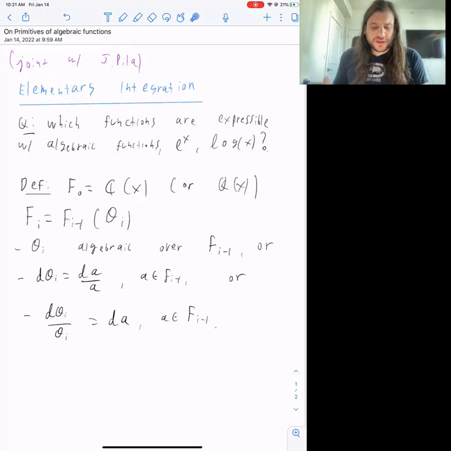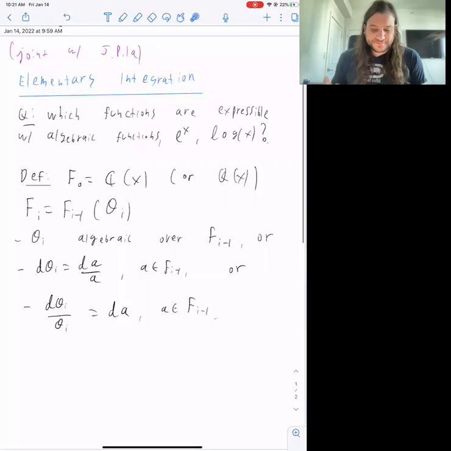So I'm only allowing logarithms and exponentials of functions we've already obtained. We're not really allowing here arbitrary primitives. Ah, I see. Sorry, I was confused. No worries, because there's a d on both sides, right? So if you were in a differential field and you had d theta I equals a, that would be an arbitrary primitive. But because of the d on both sides, I didn't pay attention that you have d also on the left hand side. Okay, no worries.